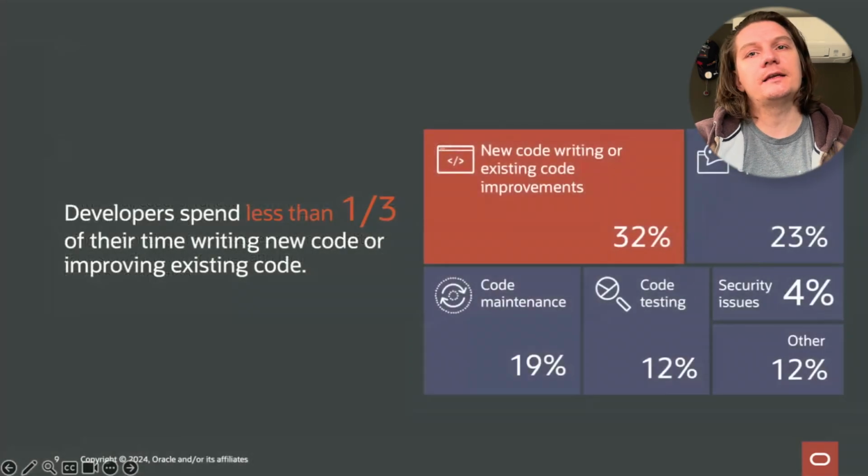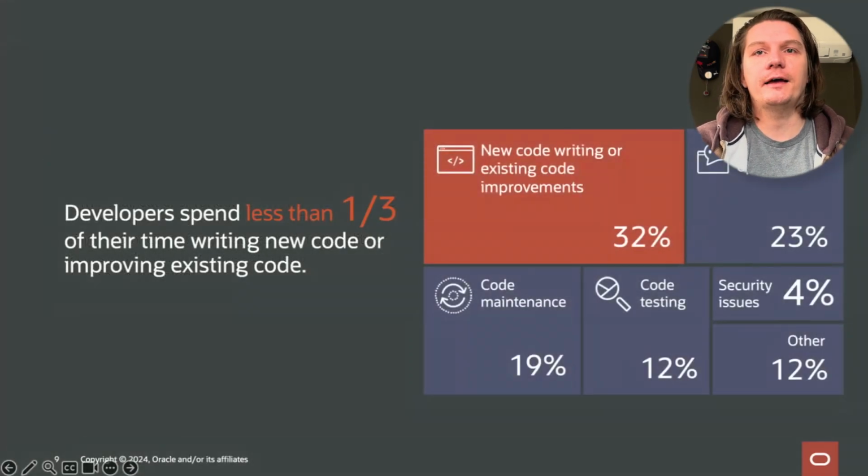What we're seeing essentially, based on our internal survey, is that in today's development environment projects are becoming more complex, deadlines are tighter, and the demand for high quality code is high.